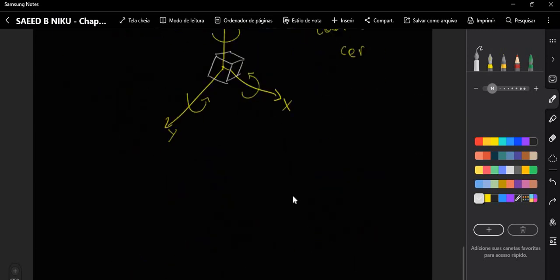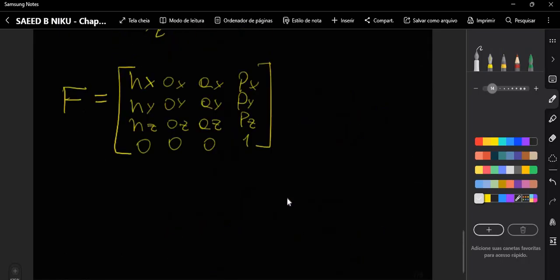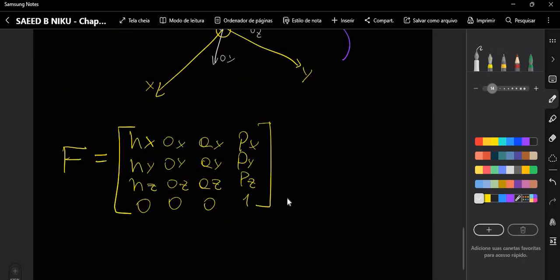Okay, so now we know that a rigid body has 6 degrees of freedom. But right here we have 12 parameters.